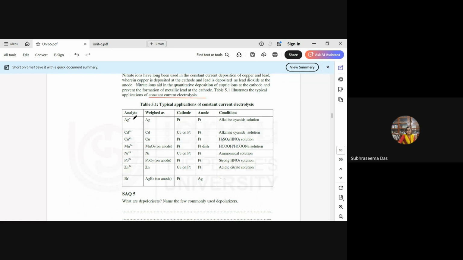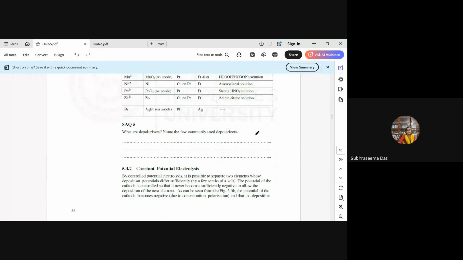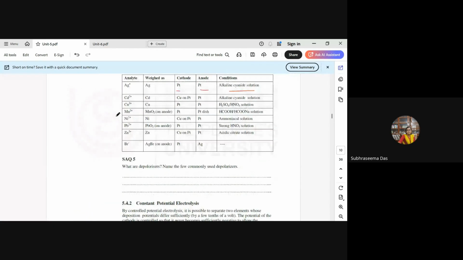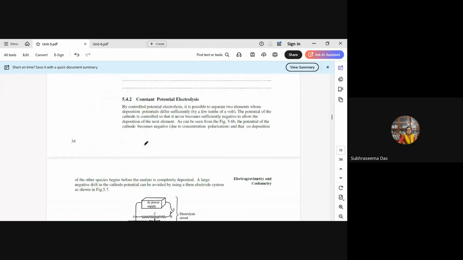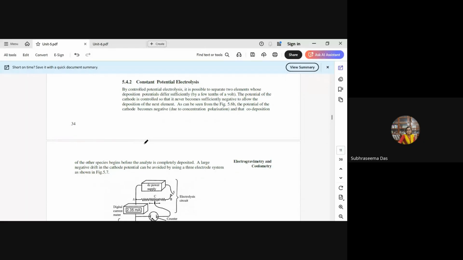For example, if the analyte is Ag+, then the cathode is platinum, the anode is platinum, and the condition is that an alkaline cyanide solution should be taken. These are the various parameters that we need to maintain for constant current electrolysis of different types of analytes. Then coming to constant potential electrolysis.